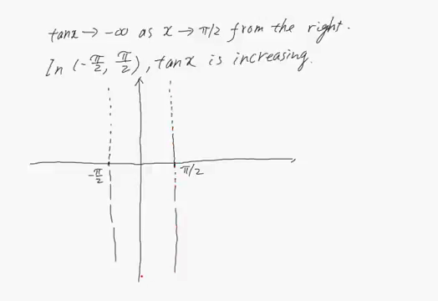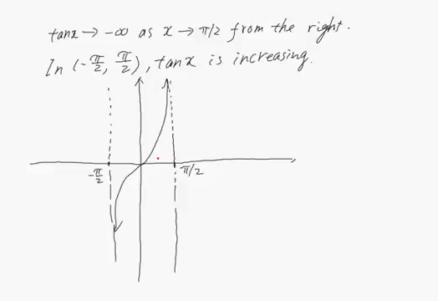And if we plot all those computed ordered pairs, then finally you can see the graph of the tangent x is like this. So this is the graph of the tangent x for the fundamental cycle.